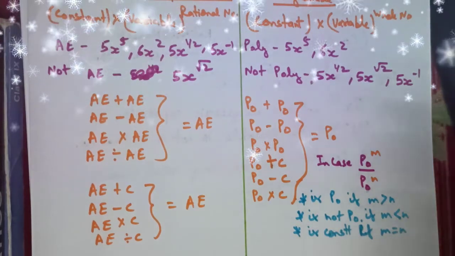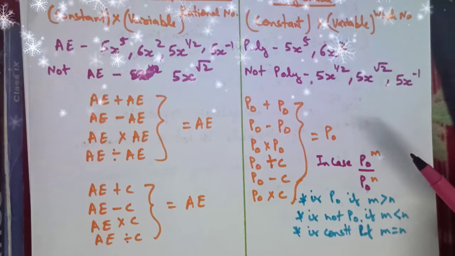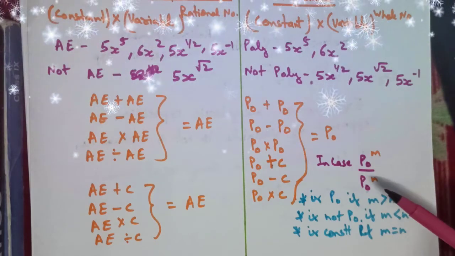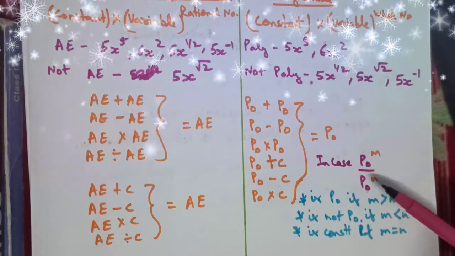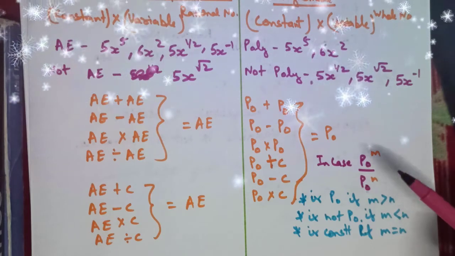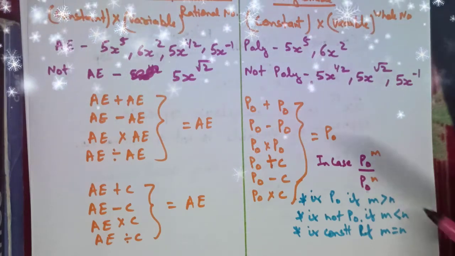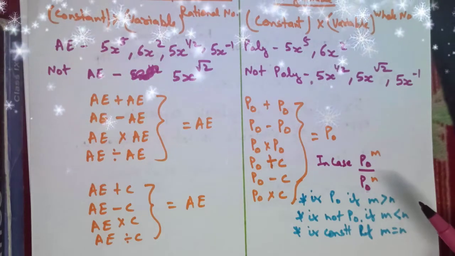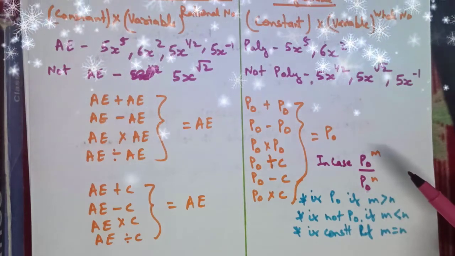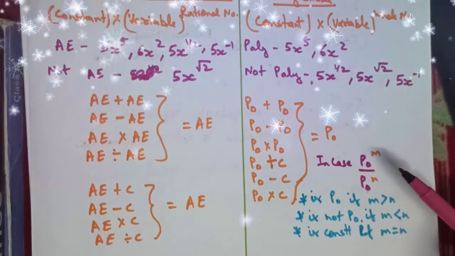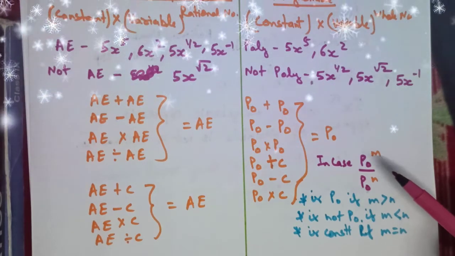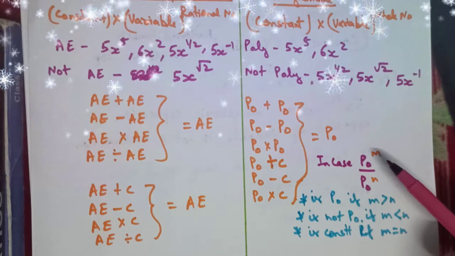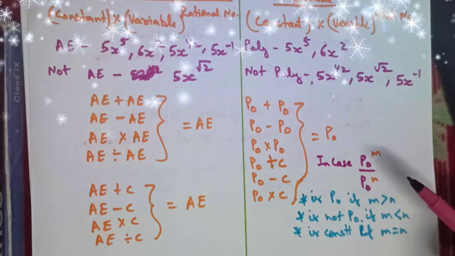If the power of the variable in the numerator is m and in the denominator is n, and the power of the numerator is greater than that of the denominator, then the resultant power will be m minus n, which is positive, and in that case the quotient will be a polynomial. But if m is less than n, then the power will be negative.